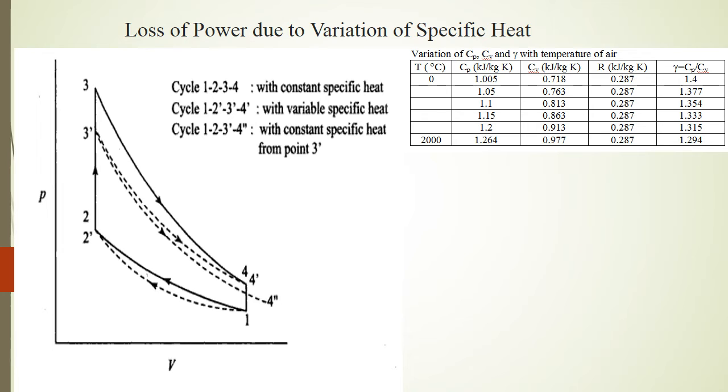The process 3 dash 4 dash may be compared with the ideal expansion process 3-4 starting from the point 3. Thus, it is seen that the effect of variation in specific heat is to lower pressures and temperatures at points 2 and 3 and hence to deliver less work than the corresponding cycle with constant specific heats.